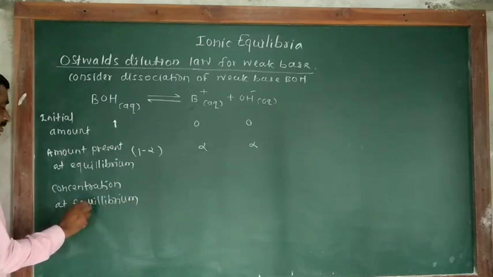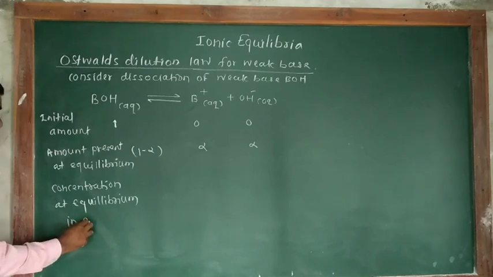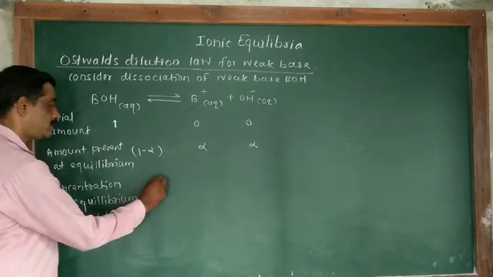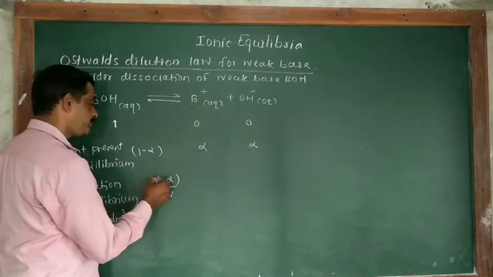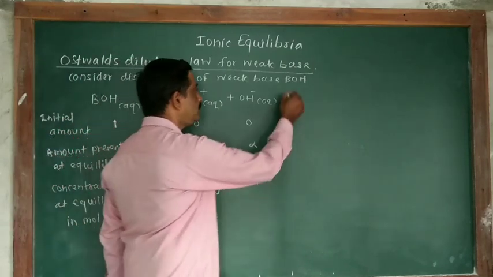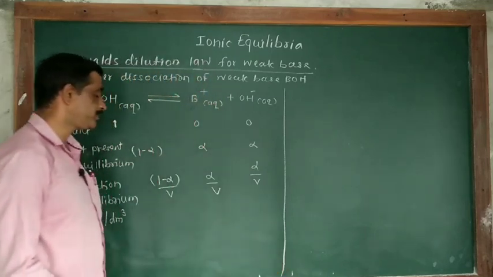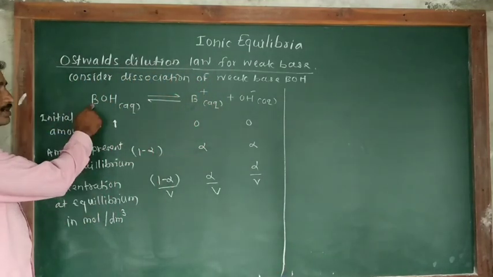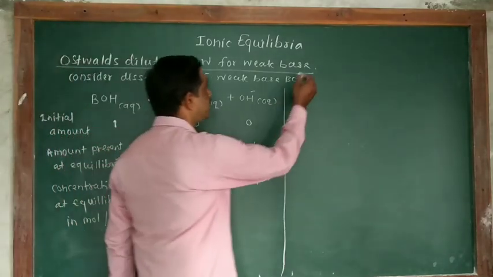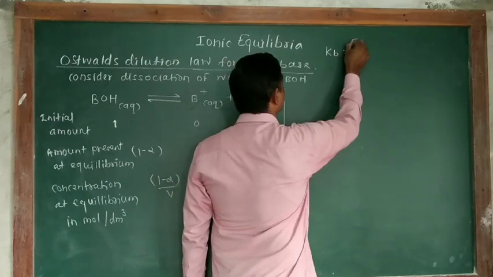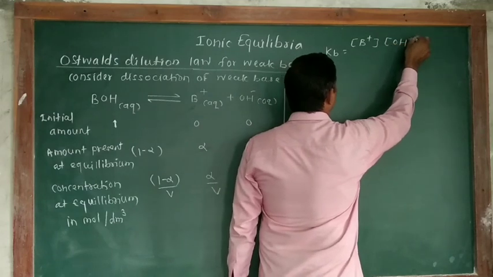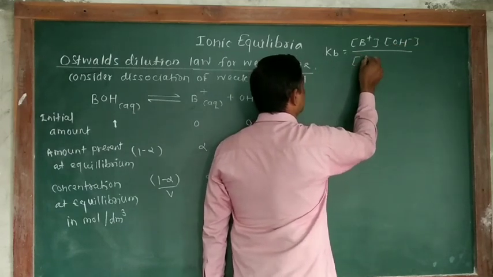The concentration at equilibrium in terms of moles per dm cube is 1 minus alpha upon V, alpha upon V, and alpha upon V. When you substitute all these values in the dissociation constant equation for this weak base, Kb is equal to the concentration of B plus ions times the concentration of OH minus ions upon the concentration of BOH.